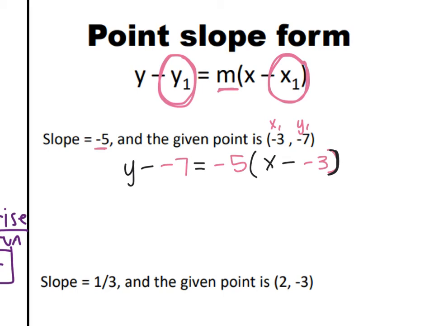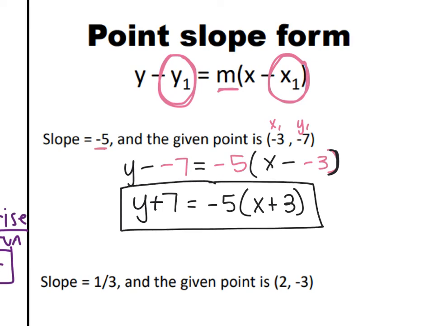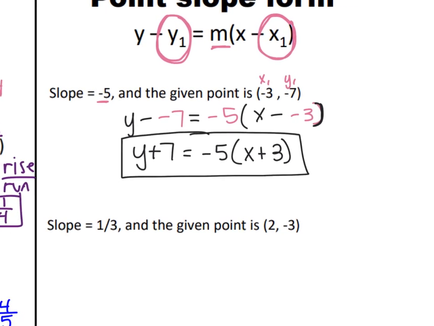The last step that you have to do is kind of clean it up a little bit. So remember, 2 negatives is going to make a positive. So this would then become y plus 7 equals -5x plus 3, because again, 2 negatives equal a positive. And this is your answer. So if you're given a slope of -5 and this point, putting them into point-slope form will give you this equation right here. Okay, so we're going to do the same thing, same color coordinating, with another example just to get some more practice in.